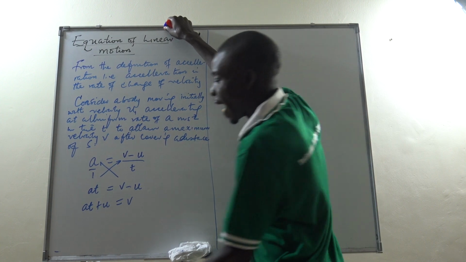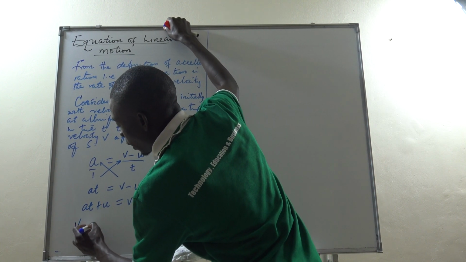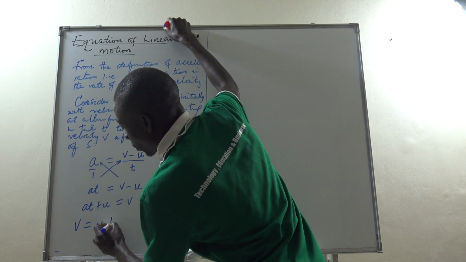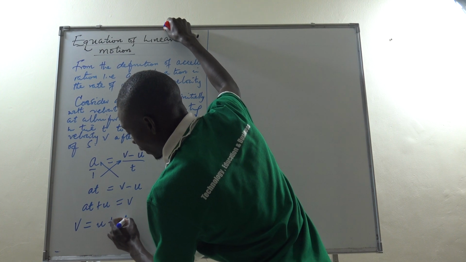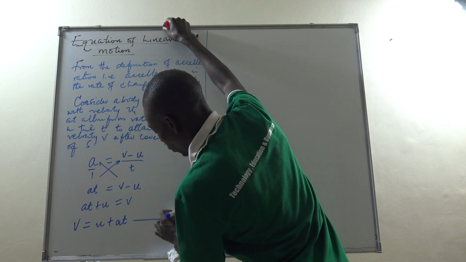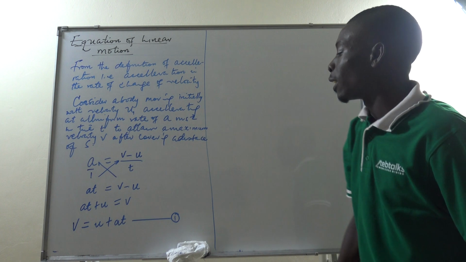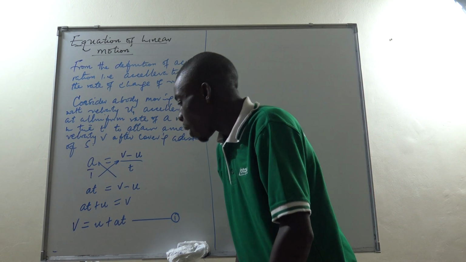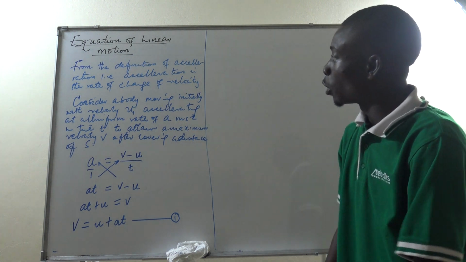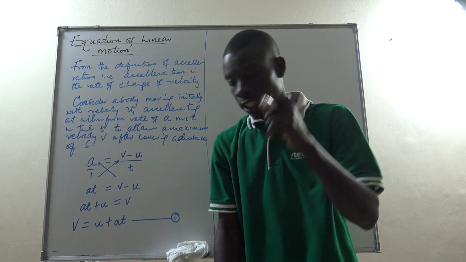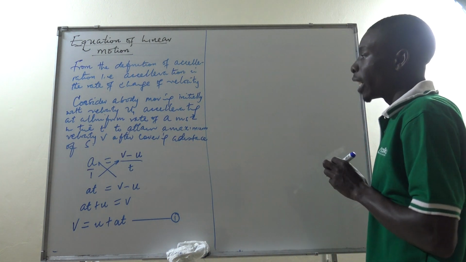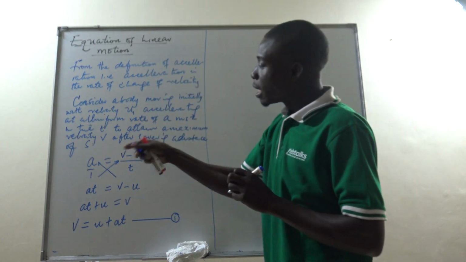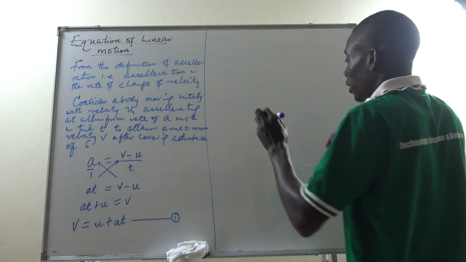Rearranging, I can write v equals u plus at. We call this equation 1, the first equation of motion for a body moving in a straight line. Is that okay?